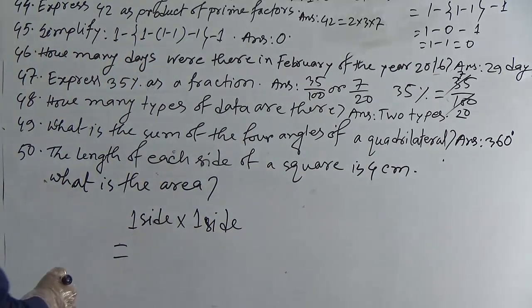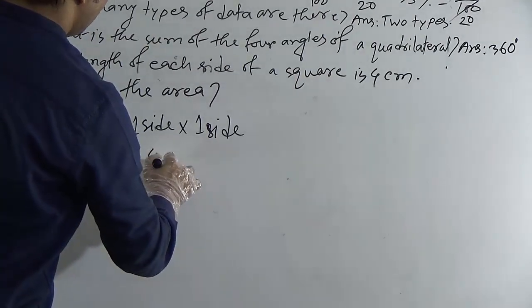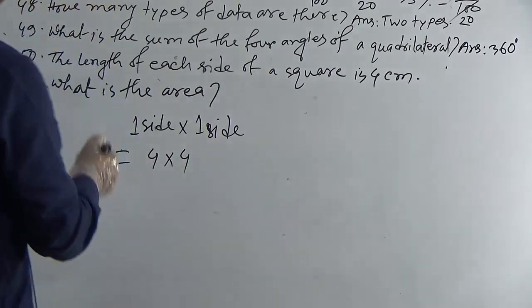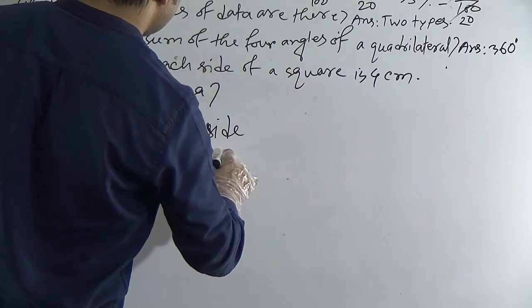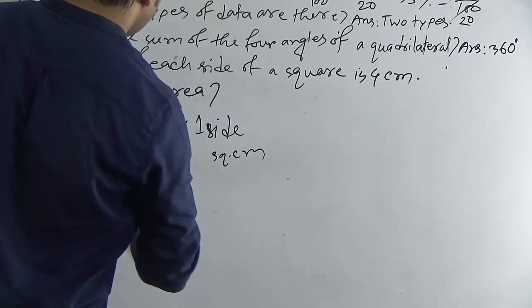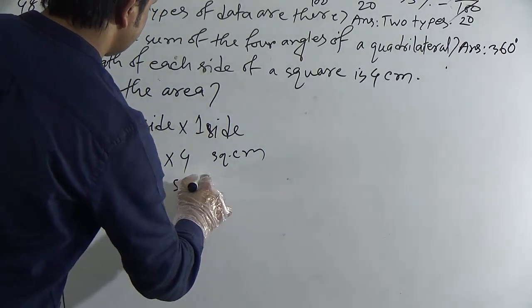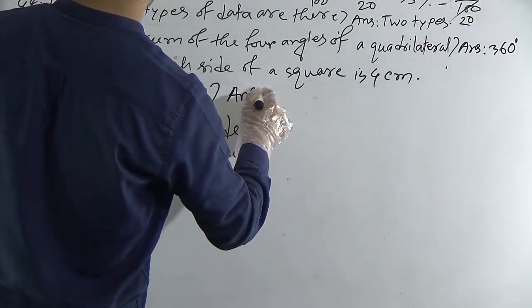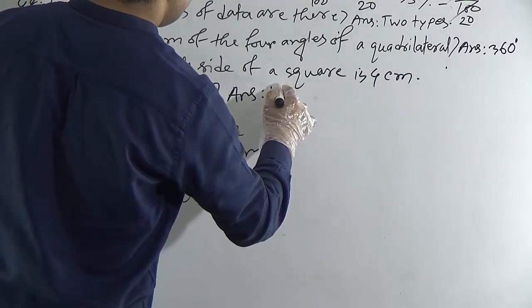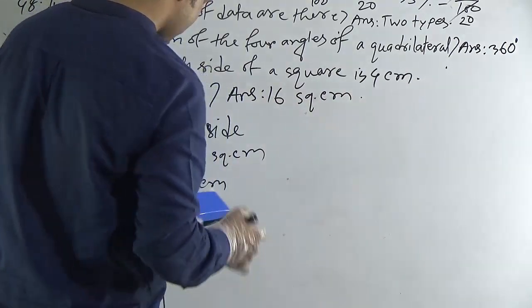So the area will be 4 multiplied by 4. As the unit is centimeter here, this will be square centimeter. So the answer will be 16 square centimeter. So we can write our required answer for question 50 is 16 square centimeter.